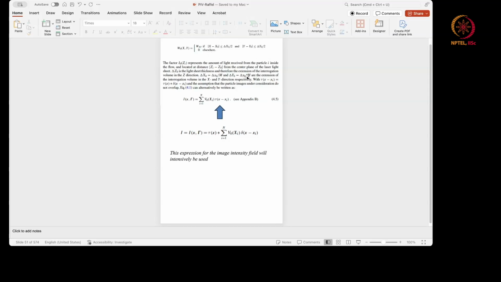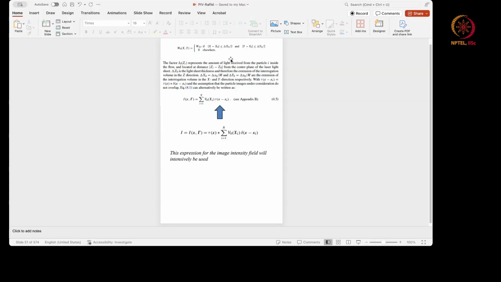Now, the factor I naught z represents the amount of light that is received by the particle inside the flow, and Zi minus Z naught is measured from the center plane of the laser sheet. Delta Z naught is the laser sheet thickness. Delta X naught is equal to small x naught divided by M. So all these terms are present over here.